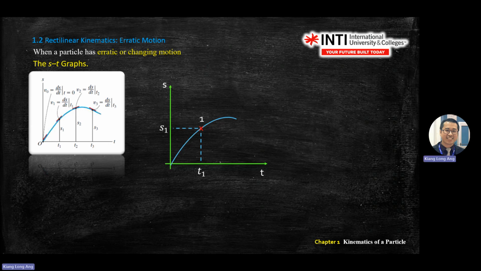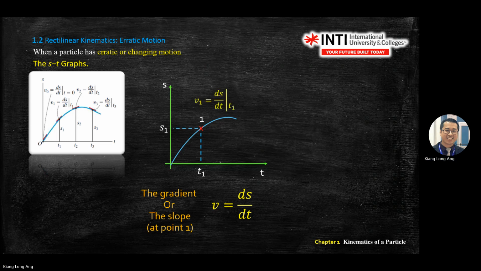So what happens if the object continues to move? I already explained how to get the gradient of the slope. From the earlier definition, v equals the time differentiation of your position, v equals ds/dt. To get the velocity at this point, you need to get the gradient at this point.